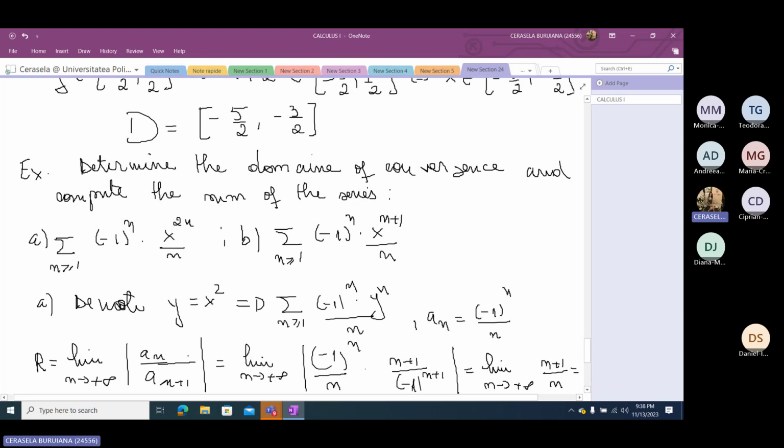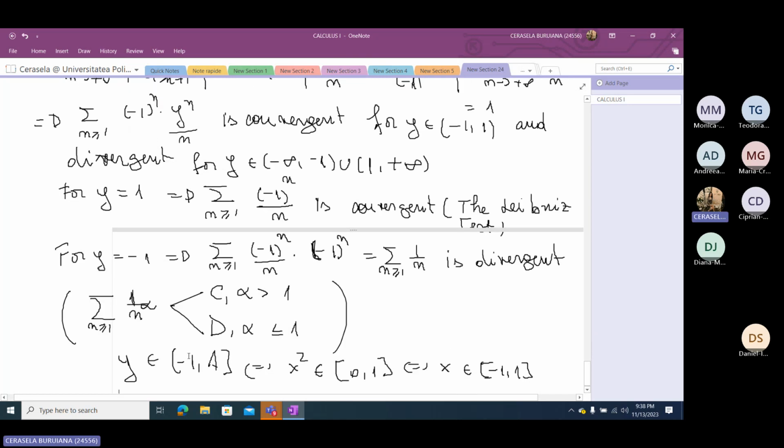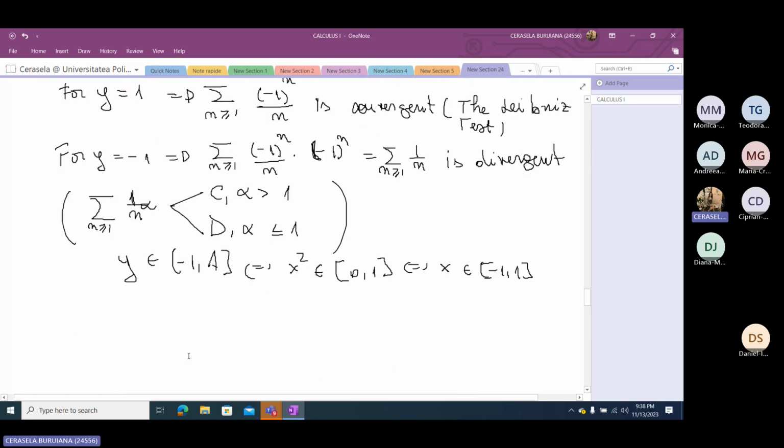So actually what we get is 1 over n, which I know is convergent from the Leibniz test. We had it before. So x remains in -1, 1 closed. Okay, and the first part of the exercise was solved.